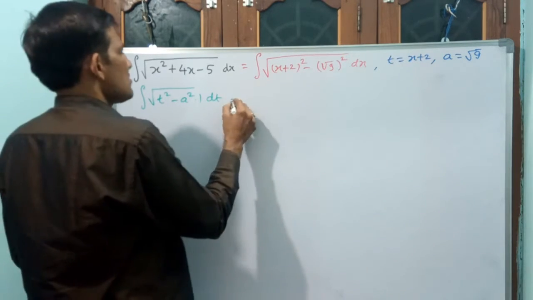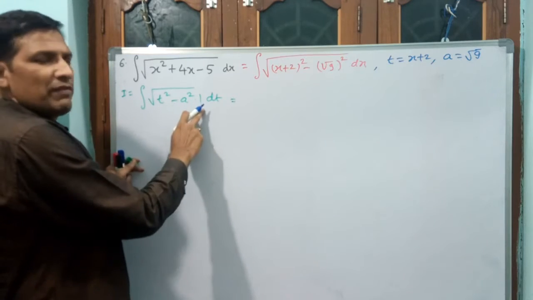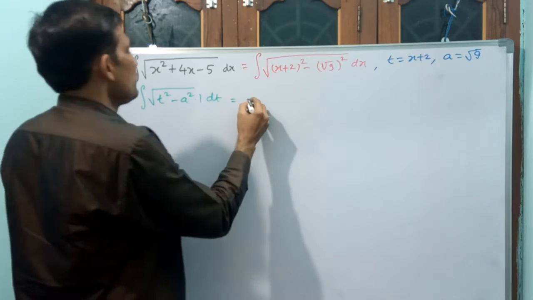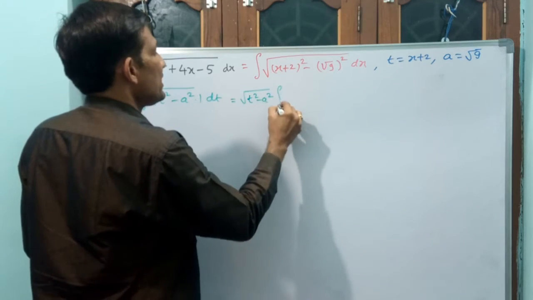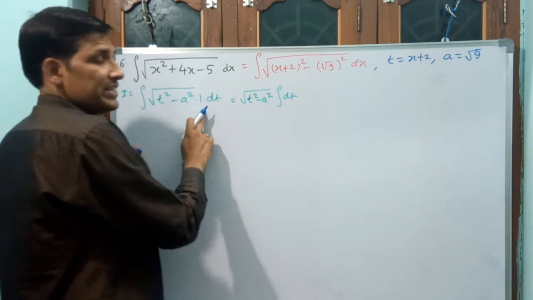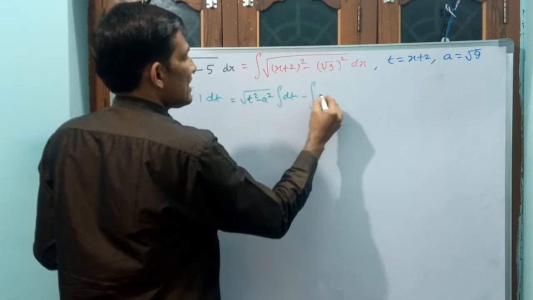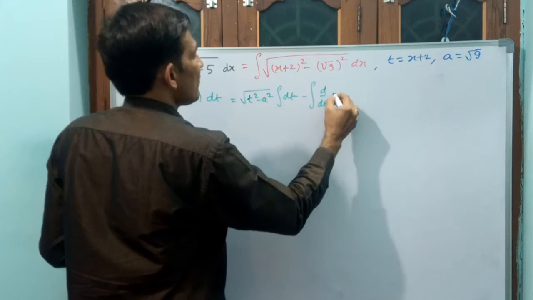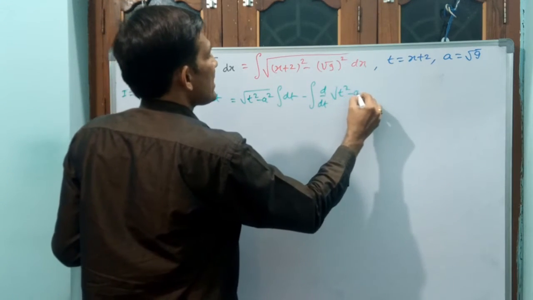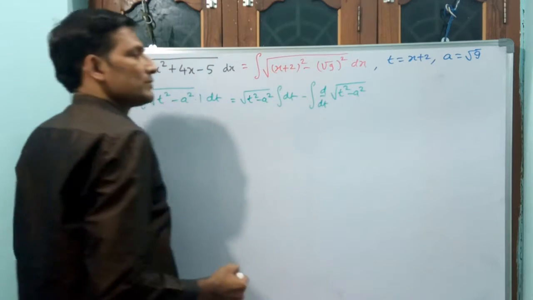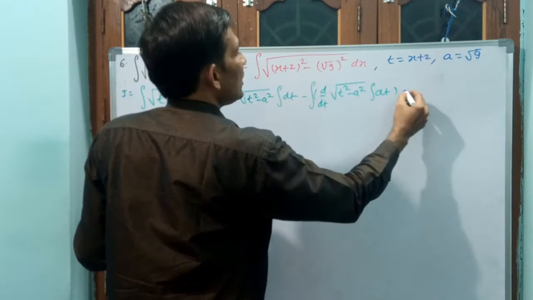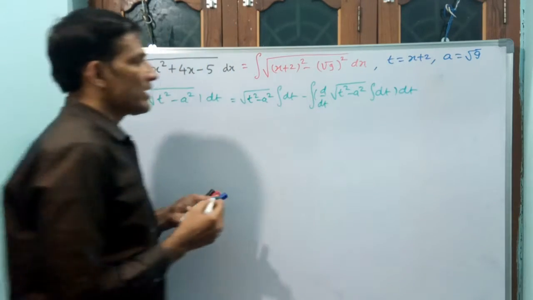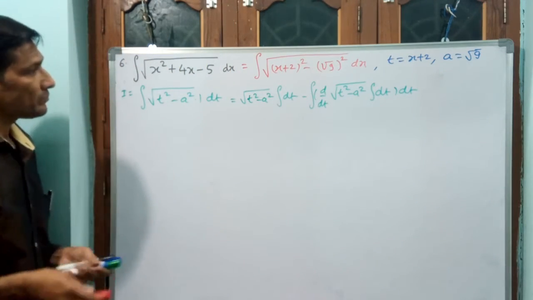Write down: that is equal to u into v, v is 1. So u is square root of t square minus a square, integral of v dt, minus integral of d by dt of square root of t square minus a square, again integral of v dt, whole dt. Is it okay? Definitely okay.